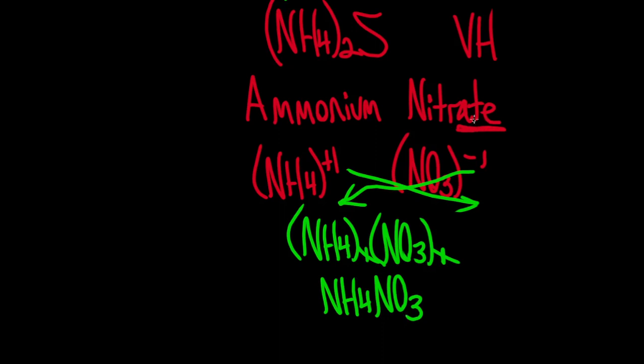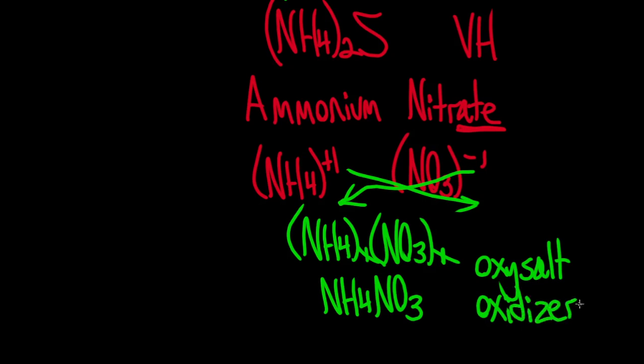Okay, because I had an oxyradical, this is going to be like an oxysalt, so the hazard is going to be that it is an oxidizer. And this is a pretty notorious oxidizer at that. Ammonium nitrate has been used many times either as a weapon of terrorism or just as an accidental explosive or as an intentional explosive.